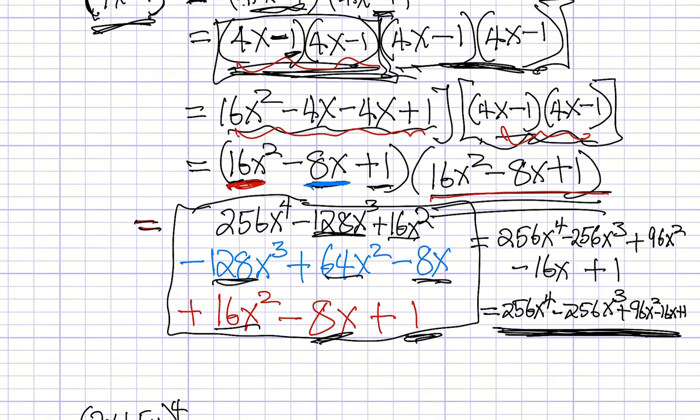That was a long one. If we did everything right, that's what it's supposed to look like. I think we did it right. Let me see if we dropped something off. I don't think we dropped off anything, so I know we did that part right.